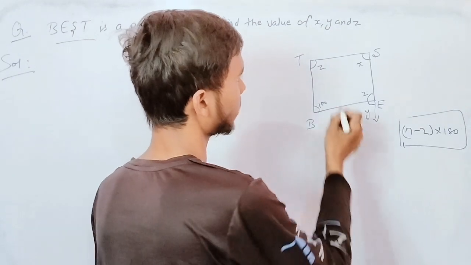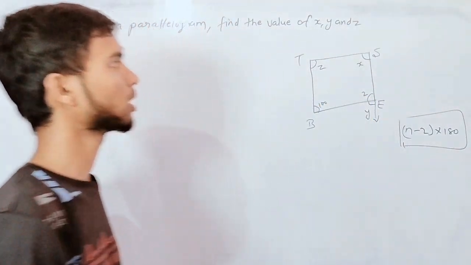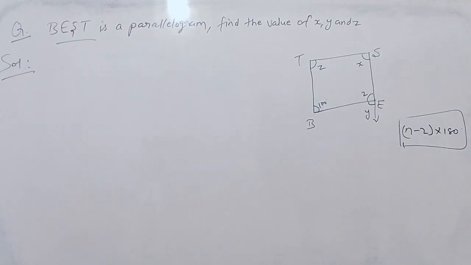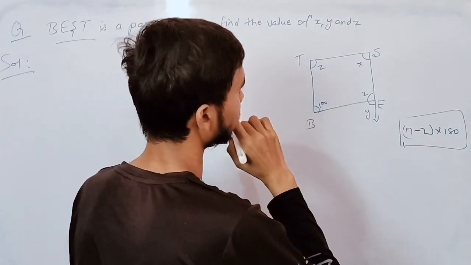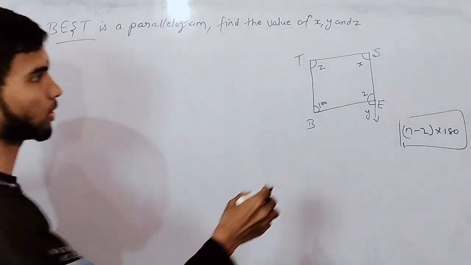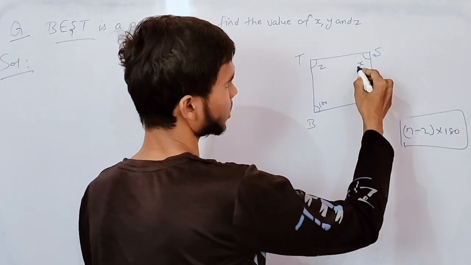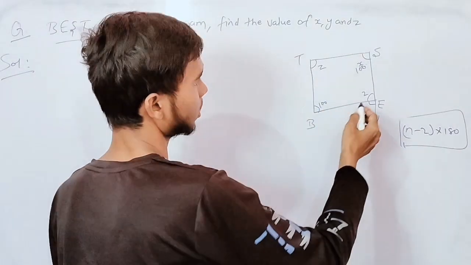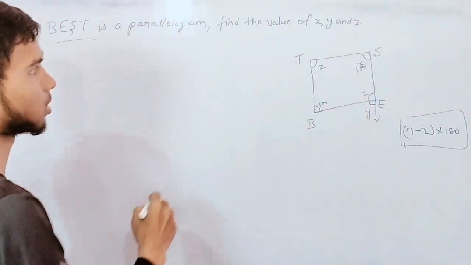The opposite angles are equal, not the sides. Always remember, okay? If this is 100, then the opposite of this is what? This would be 100. We don't know this and this.